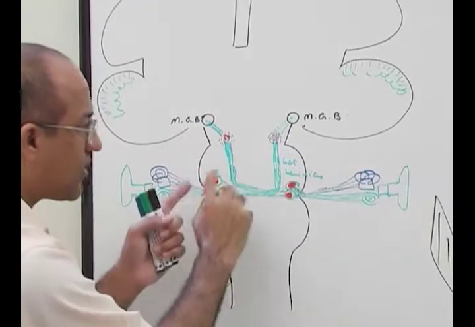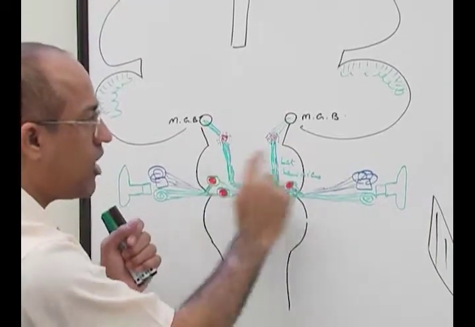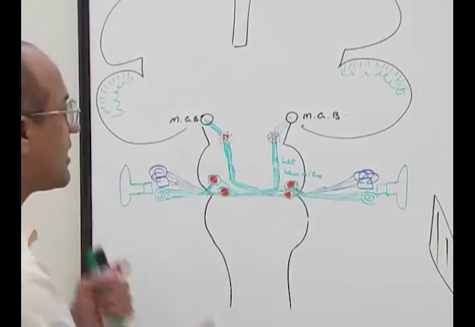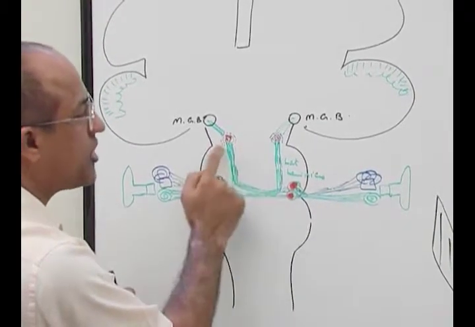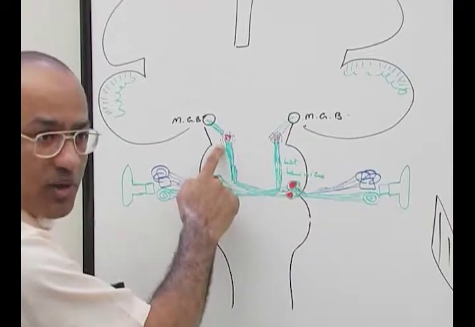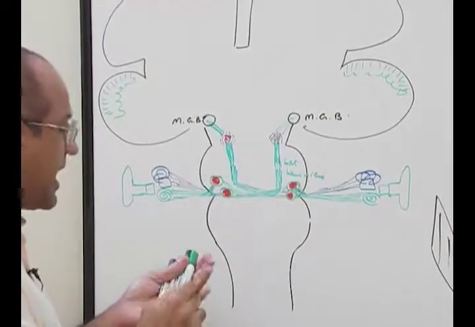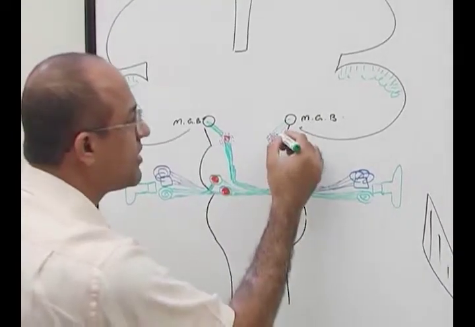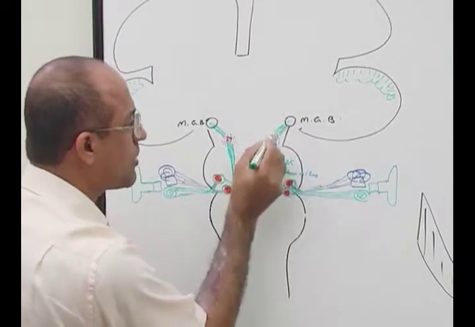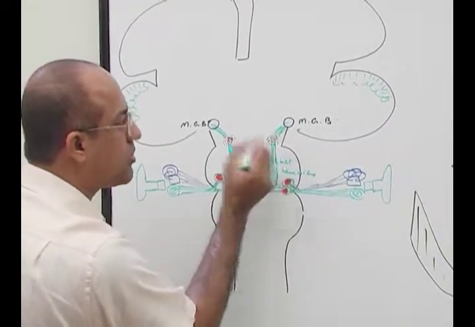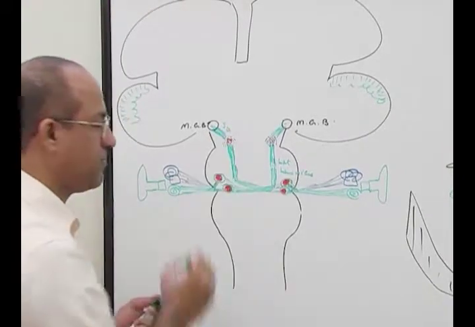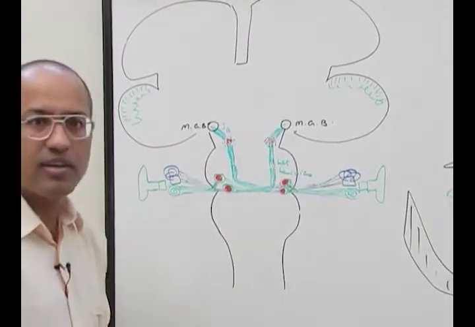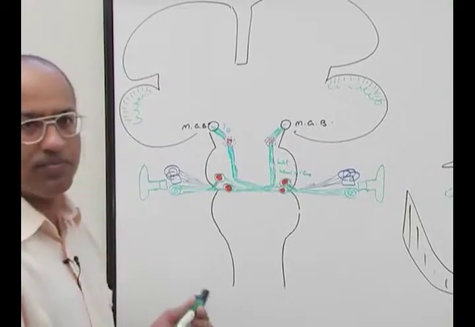Is that right? The lateral lemniscus will appear in all pontine sections, right? And it will terminate at, what is this? The nucleus of the inferior colliculus. And from here, next order fibers, what are these? What is this structure connecting the inferior colliculus to the medial geniculate body? This is called the inferior brachium. What is this called? Inferior brachium, right?